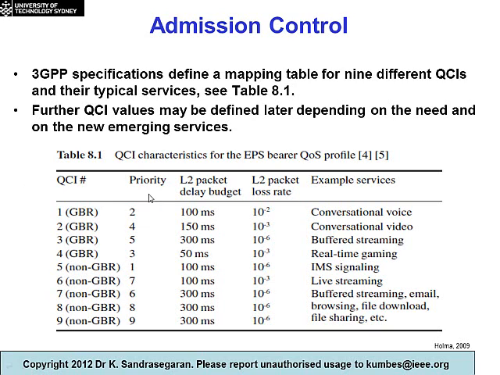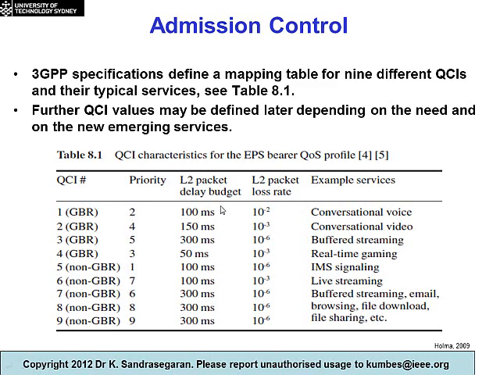And we also had priority, so some of them had higher priority. So in this case, you can see that IMS signaling has the highest priority of 1, followed by conversational video, and then for some unforeseen reason they've put real-time gaming as the third highest priority, and so forth.